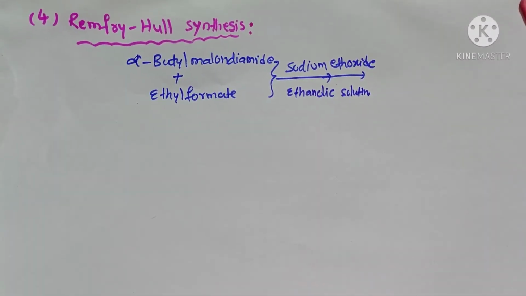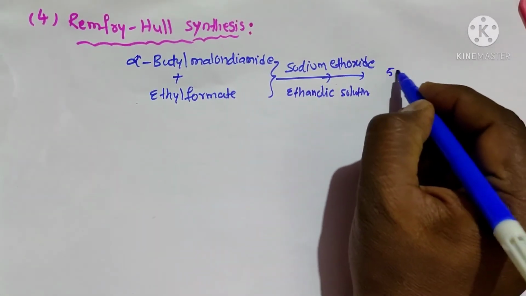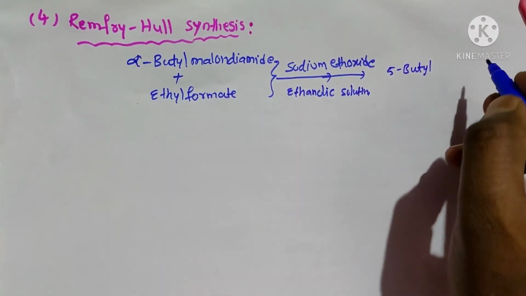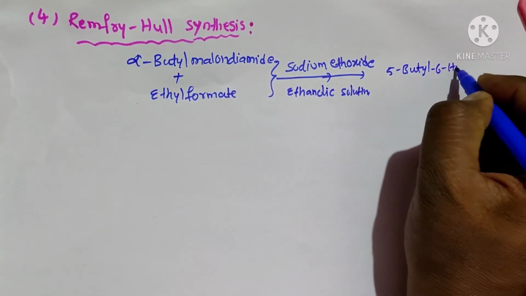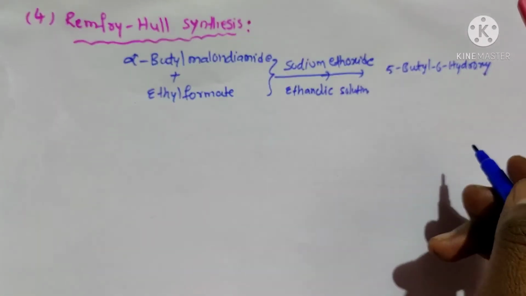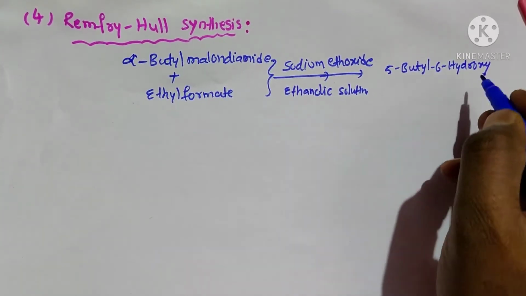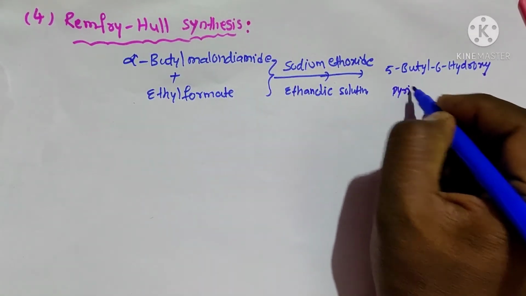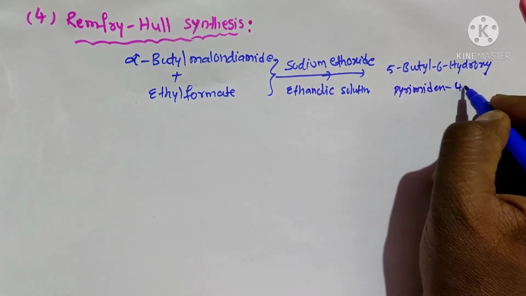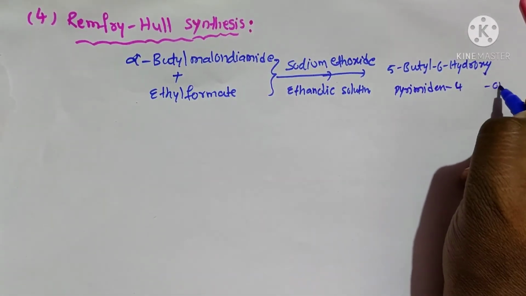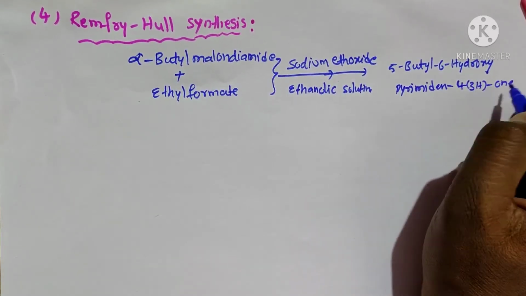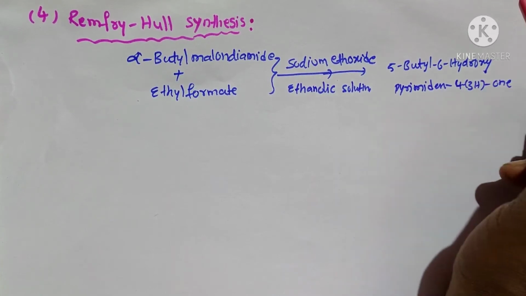And we get 5-butyl 6-hydroxy pyrimidine 4-one, and at the third place we have hydrogen, so 4(3H)-one.